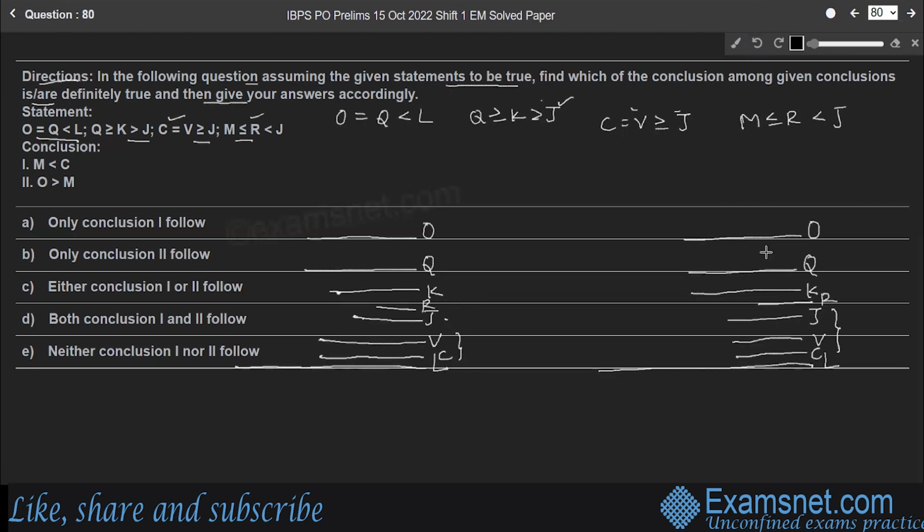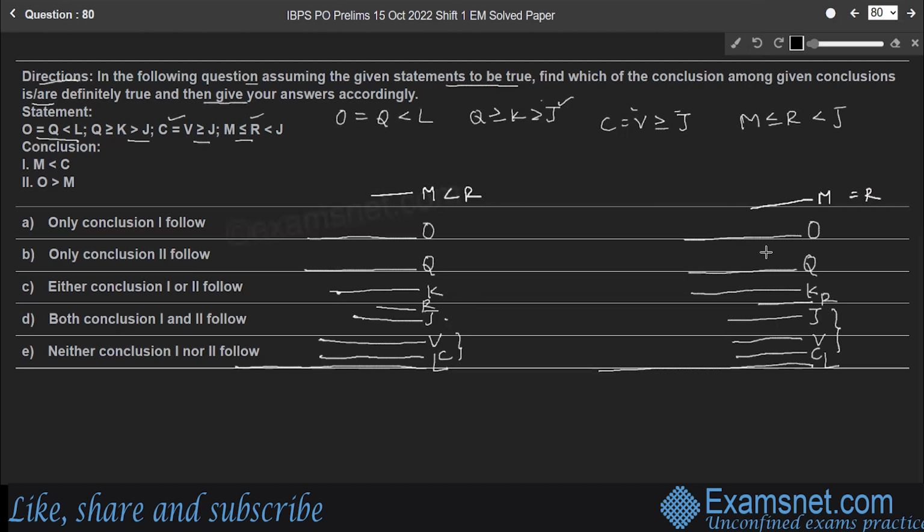Therefore, here M is the smallest line. So consider somewhere here less than R or equal to R. M and R are equal, right?